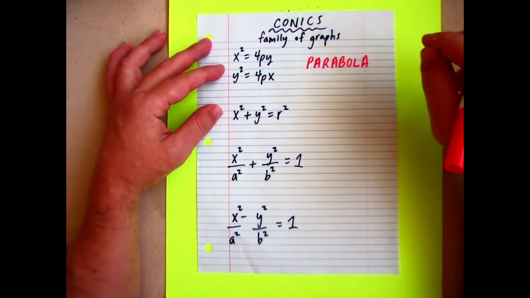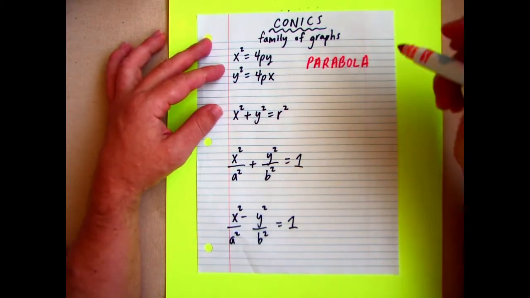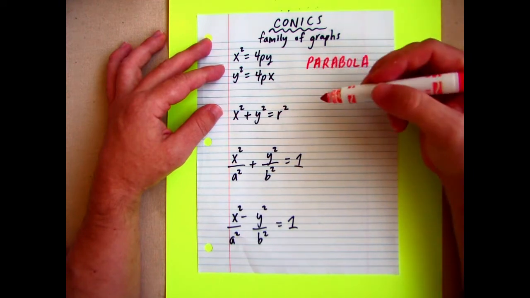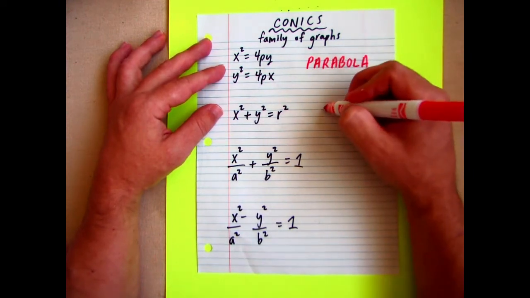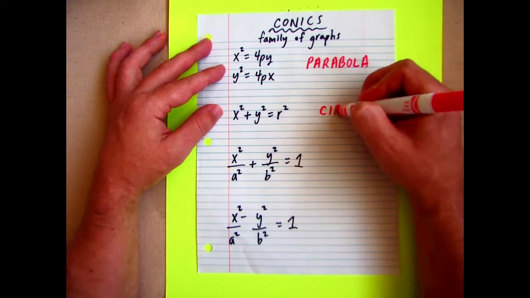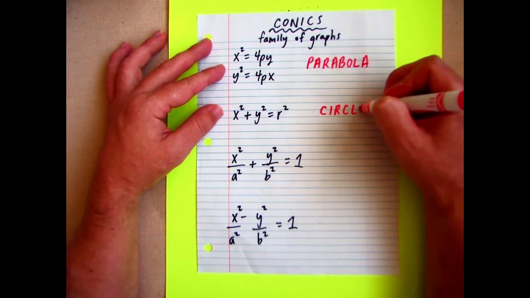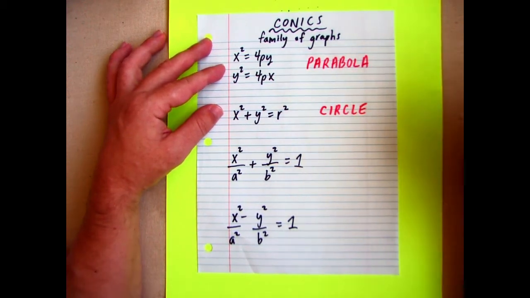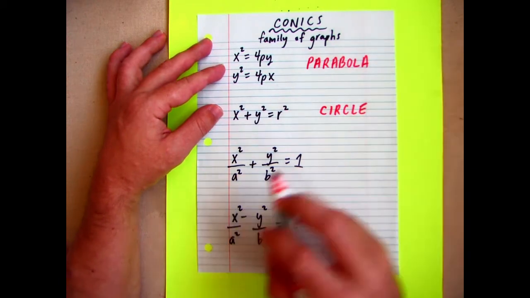This first one, in which only one of x squared or y squared is squared, is a parabola. Then we have a circle in the form of x squared plus y squared equals r squared.